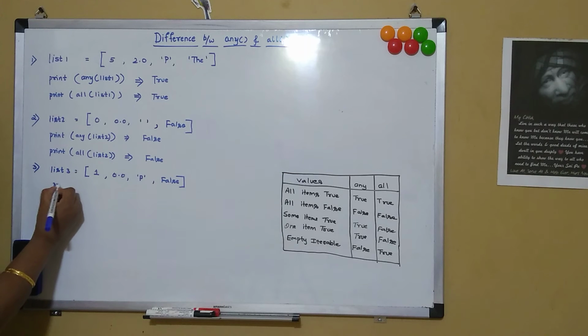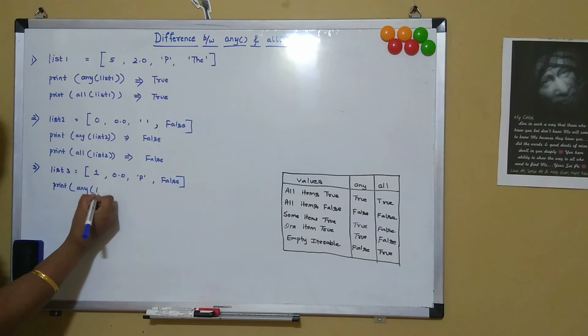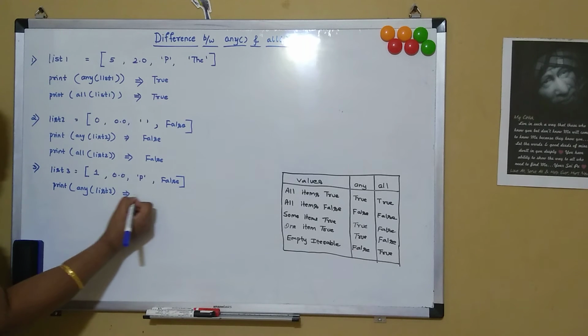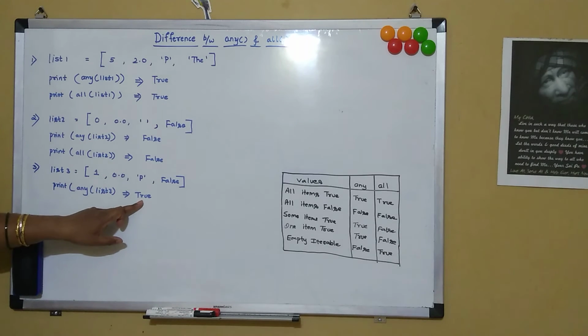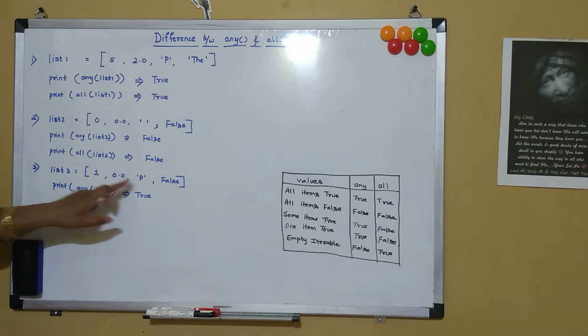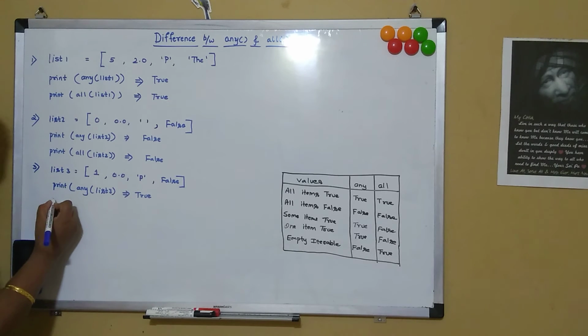So when I say print any of list3, it will return a Boolean value true because even if any one item is true, it evaluates true. Since here we have 2 items which are evaluating to true, any function returns true.